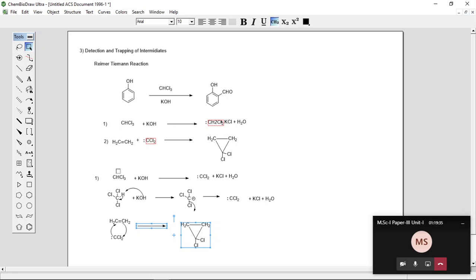First this reaction takes place: chloroform reacts with KOH and generates carbene as the intermediate. Then we are trapping this carbene by using ethene. The carbene immediately reacts, it is a short-lived species.